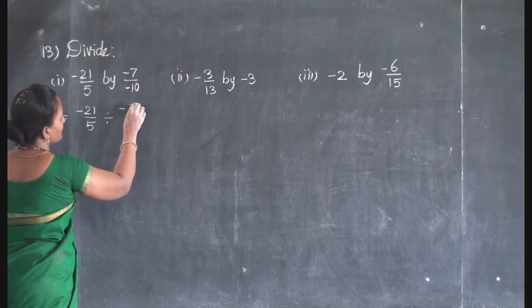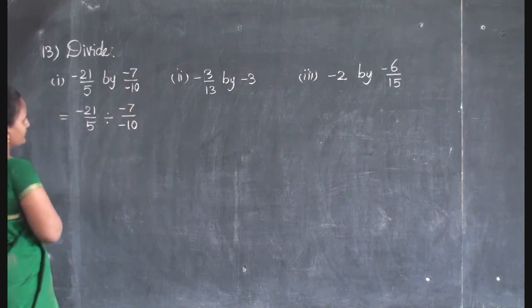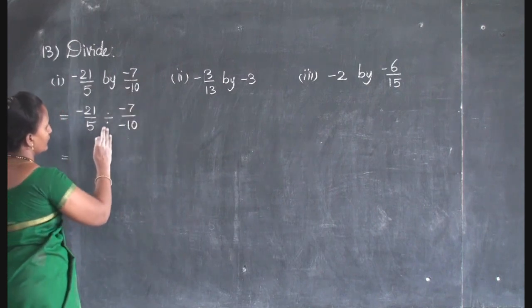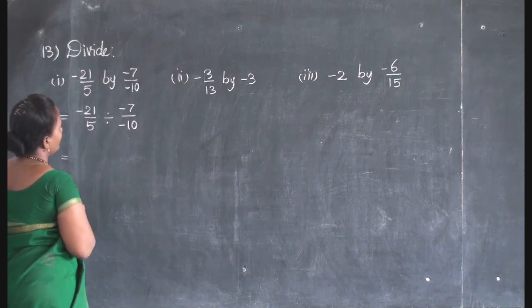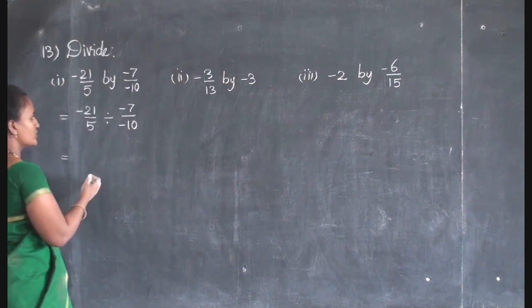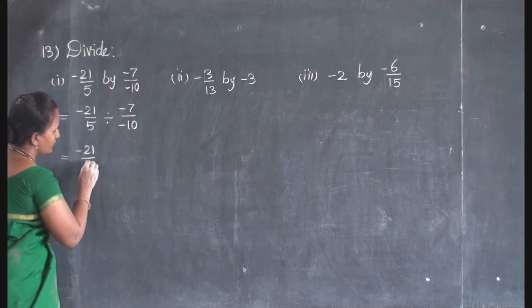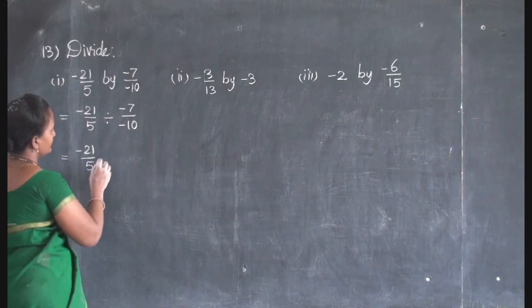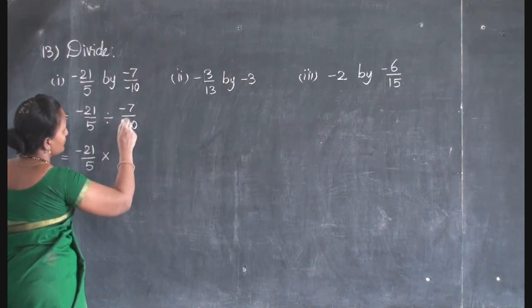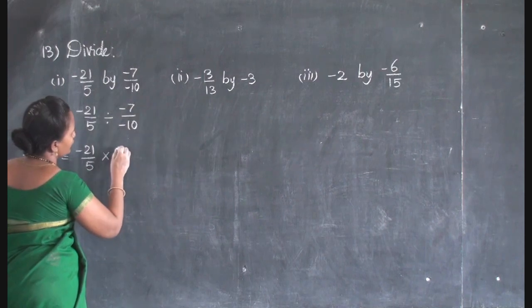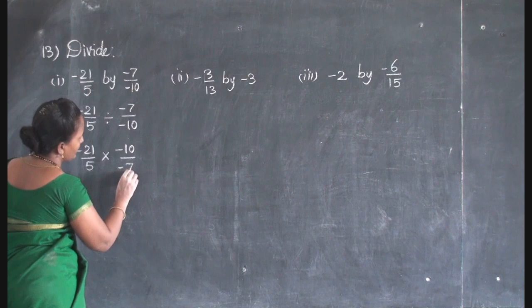So we have to put the division symbol, minus 7 by minus 10. Now we have to change the division symbol to multiplication. How to change it? We have a condition for that. First fraction, write it as it is, change to multiply, and take the reciprocal of the second: minus 10 by minus 7.